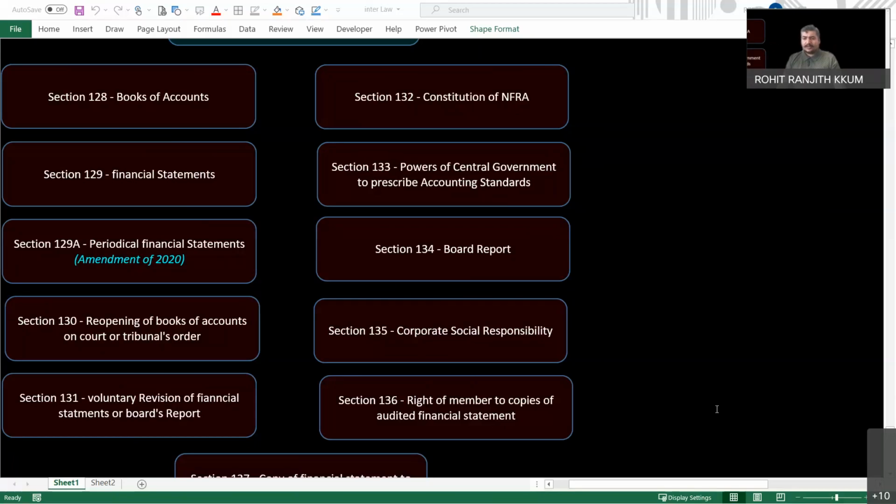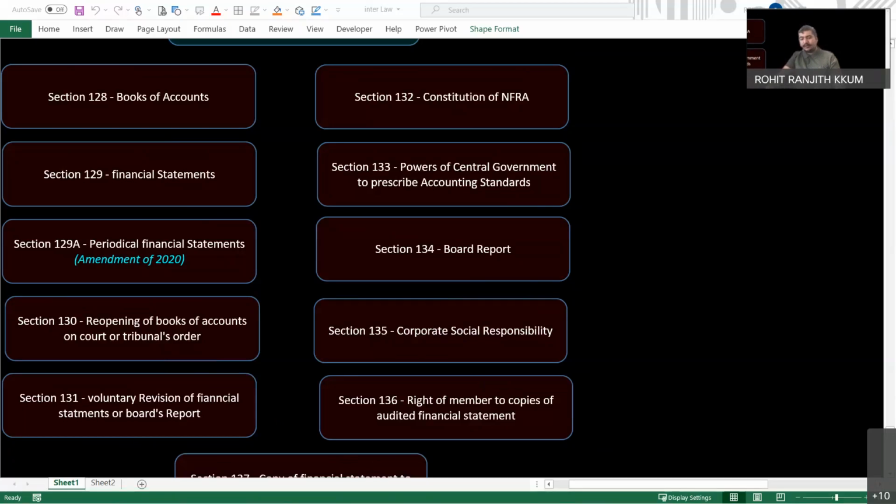Alright? So, will there be a revision of books of account only for those 8 years? Yeah, of course. It should be within those past 8 years, because above 8 years, it may have been disrupted by the company, because law allows that. So that is section 130.